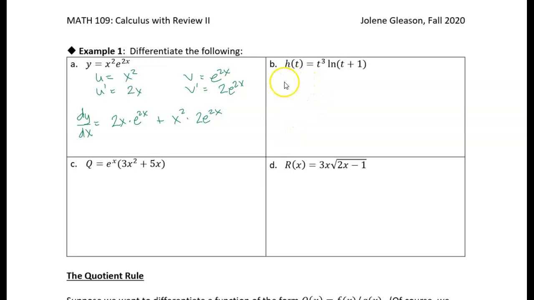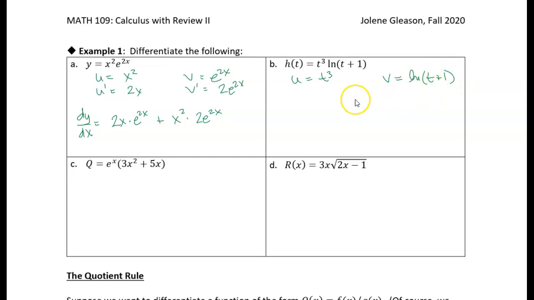All right, so let's go through this one. I'm gonna take it slow and break it up. I'm gonna call u t cubed, okay, and I'm gonna call v natural log of t plus 1.